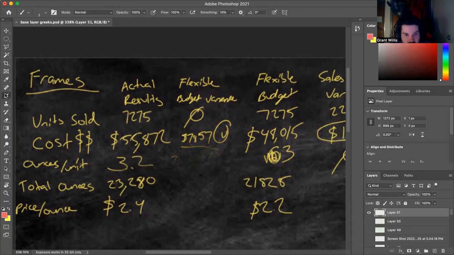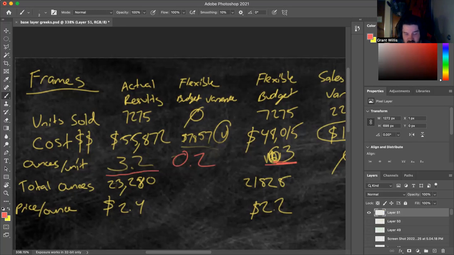The one that you just got rid of. That should just be 0.2. Really? Yeah, because this is 3 and this is 3.2. No, sorry, not that one that you erased. In the flexible budget, or sorry, not flexible budget. Why do I keep saying that? Flexible variance. I had ounces per unit was 2.91.